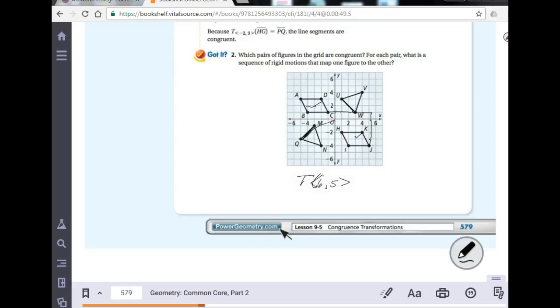The first thing I did was rotate it, which would put it up in this corner. If you rotate that 90 degrees, so it's a rotation of 90 degrees, again about the origin, that's one of the motions. Then you would have to reflect it, which is a capital R, over the y-axis.